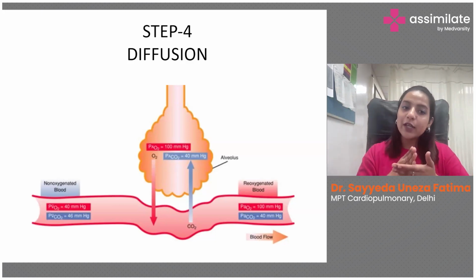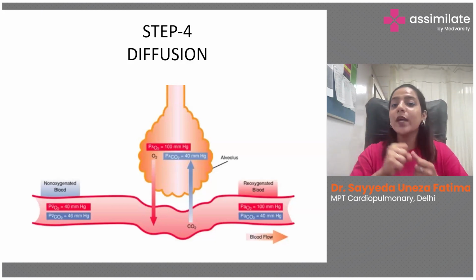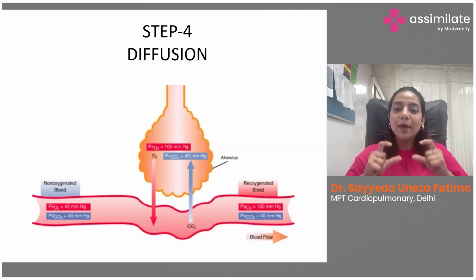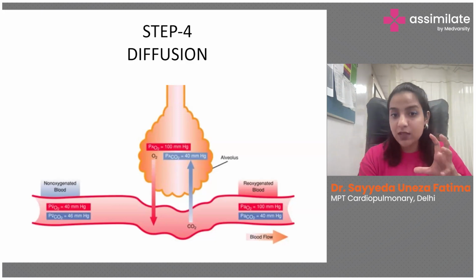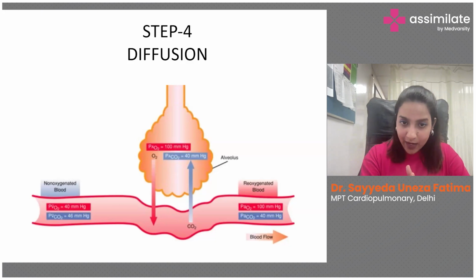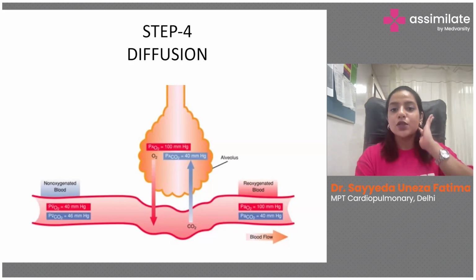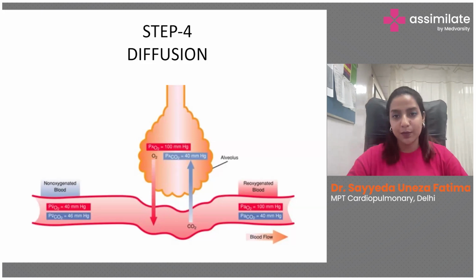Now from alveoli to capillary, the oxygen needs to go to the blood and bind to the hemoglobin. But if there are any secretions in the alveoli, or the alveoli are collapsed, or there is fibrosis, because of which the oxygen cannot cross this unit, this leads to a diffusion defect, and because of this the hypoxia develops.